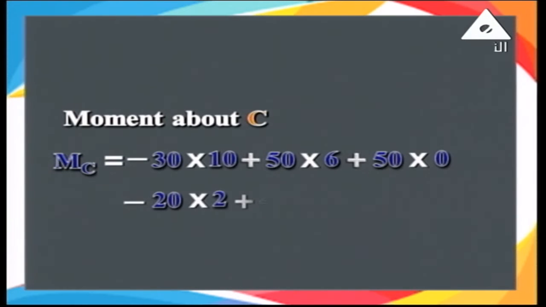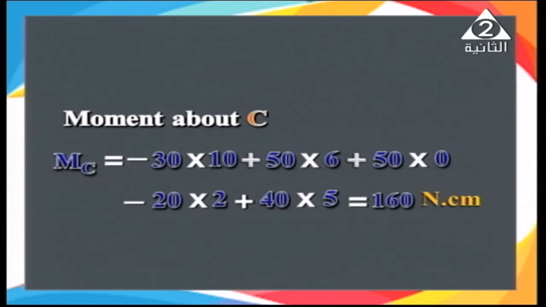Moment about C by the same method, my dear student: negative 30 times 10 plus 50 times 6 plus 25 times 0, negative 20 times 2 plus 40 times 5 equals 160 Newton centimeter.